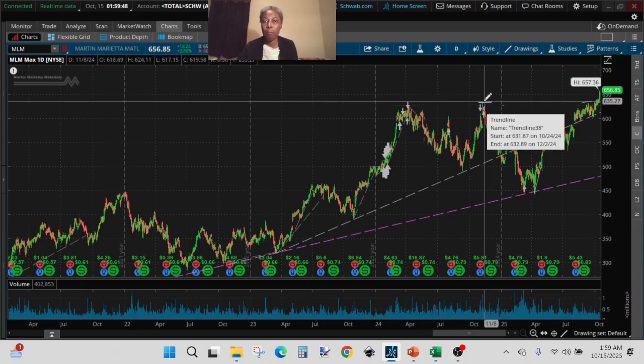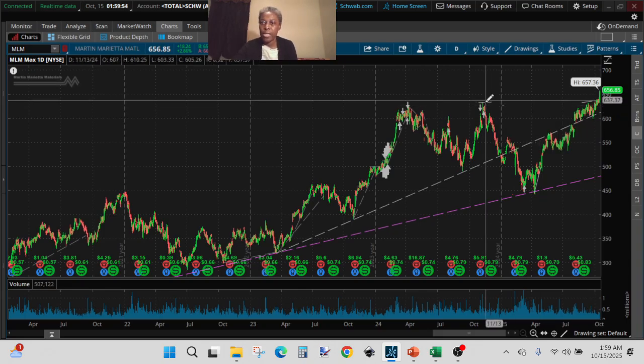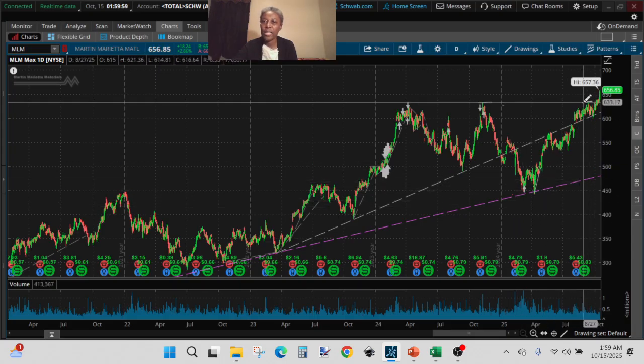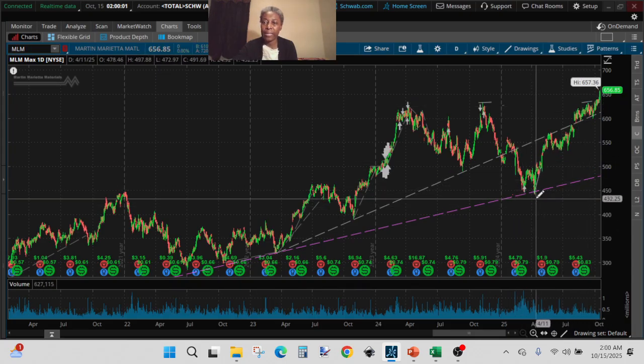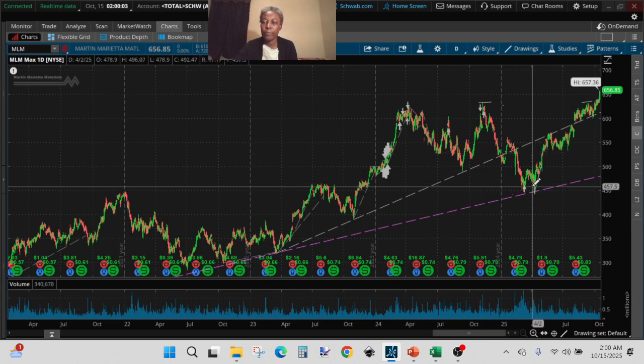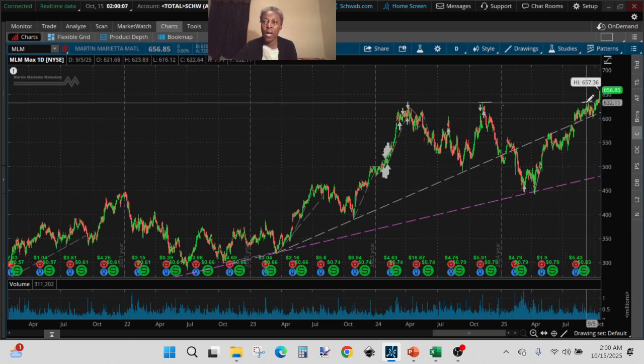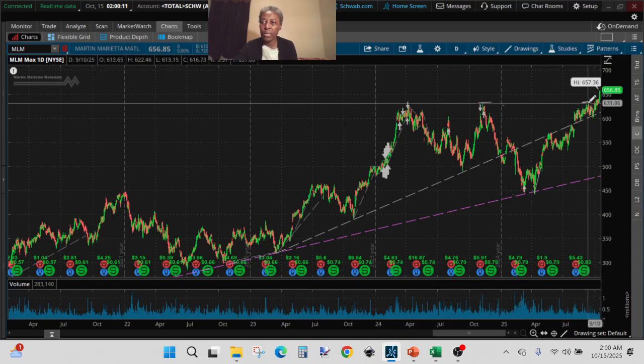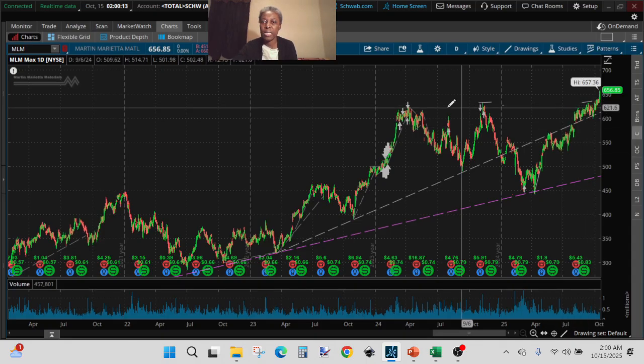I'm using it as a mark to determine where the last high was before it pulled back to the support line, and where the first new high in this trajectory was as well. It makes it easier for me than trying to put my mouse on the peak.